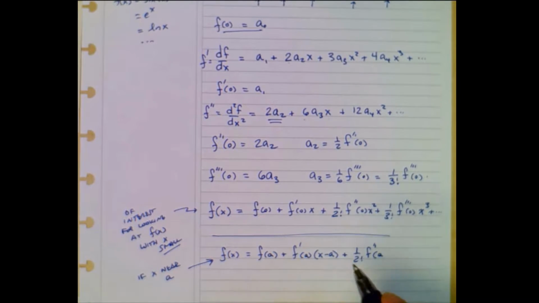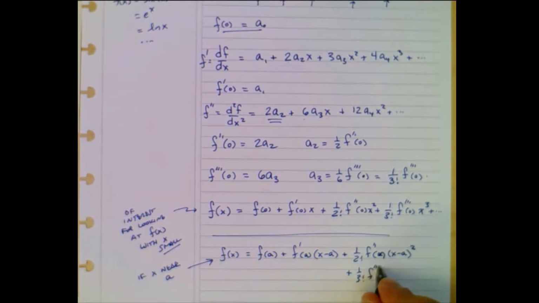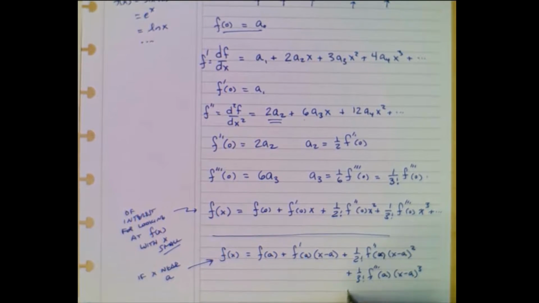That should be f of a, plus f prime of a times x minus a, plus 1 over 2 factorial times f double prime of a times x minus a squared, plus 1 over 3 factorial f triple prime at a times x minus a cubed, and so on.